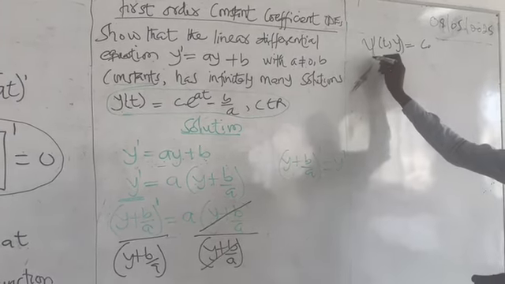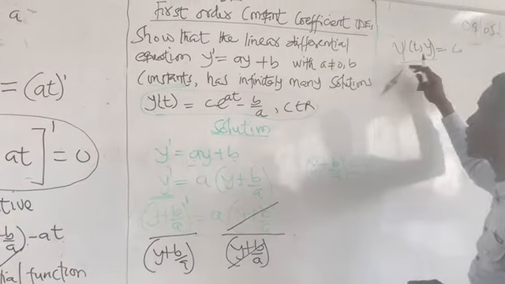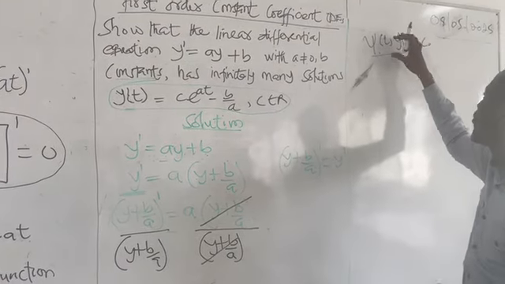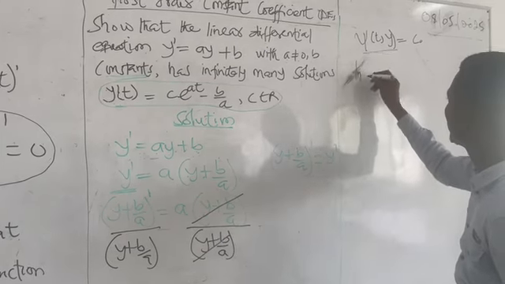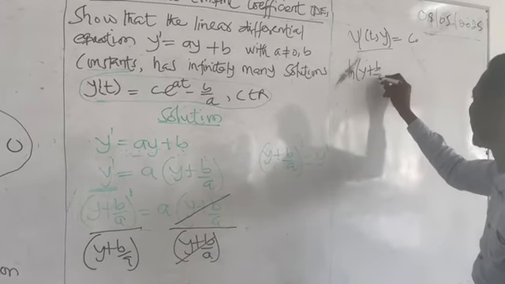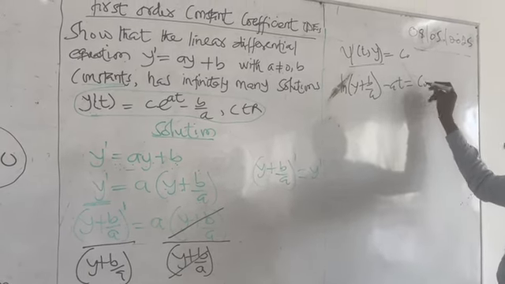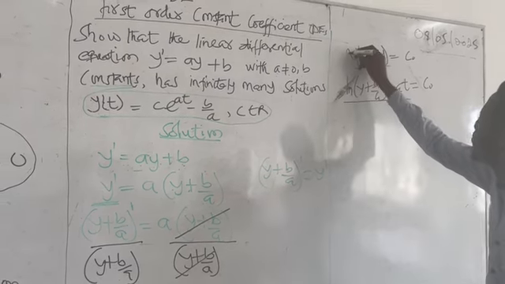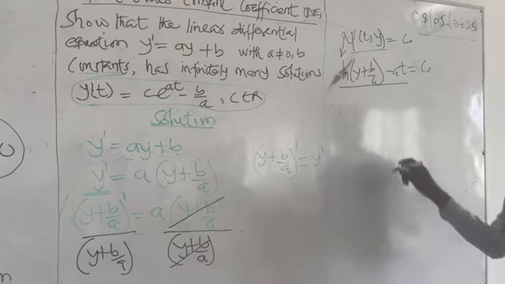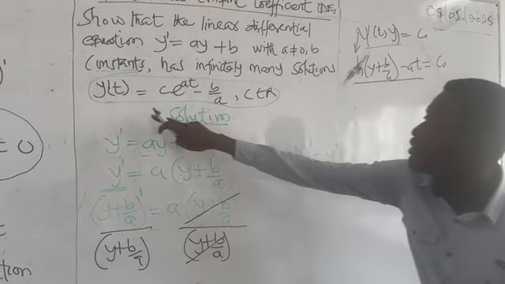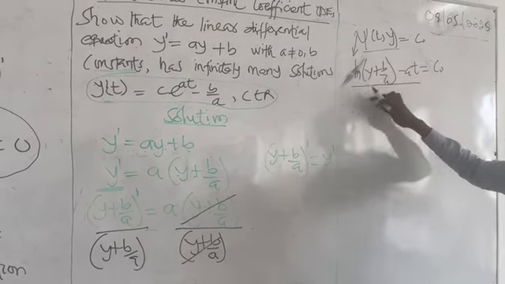But we know that this one is the same as the potential function. So wherever we see psi of t, y, we can put the potential function, which is the ln of y plus b over a minus at, equal to c naught. From here, we are looking for the solution y, so we have to maintain the expression containing y on this side.